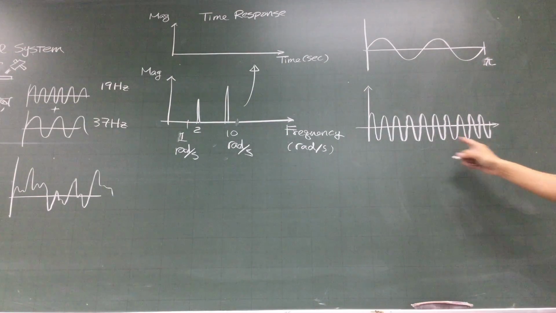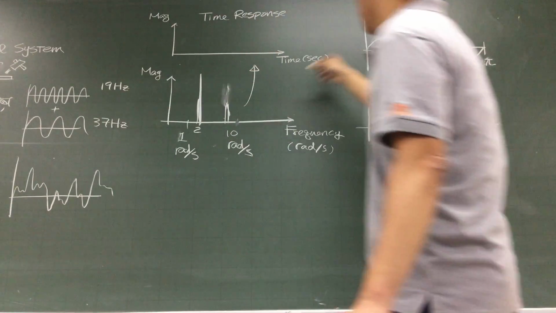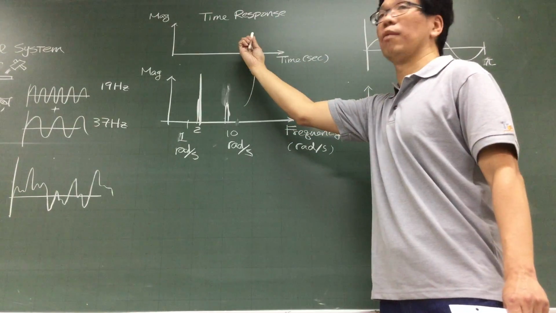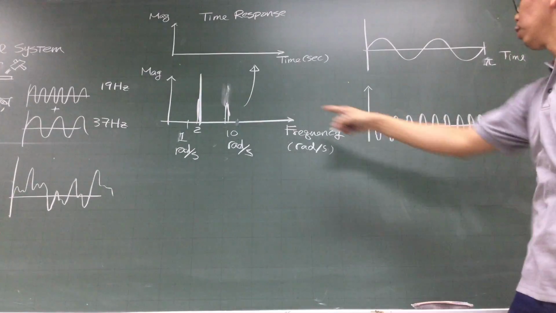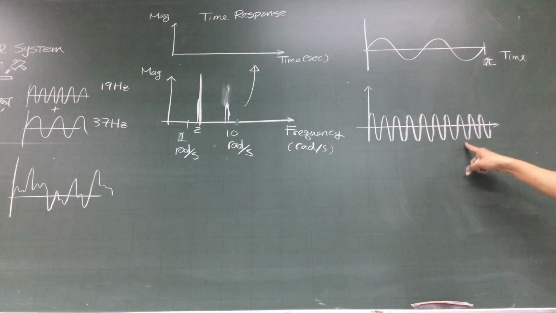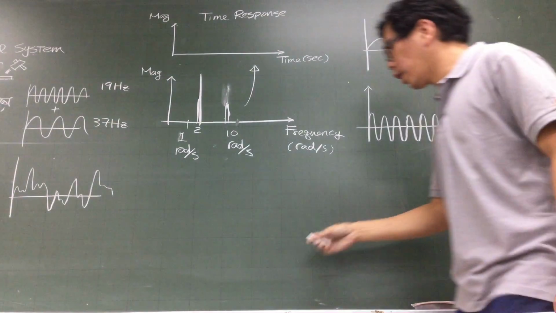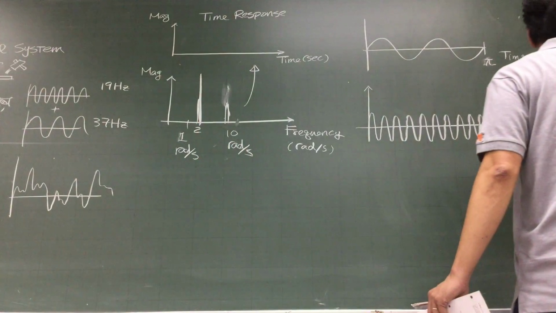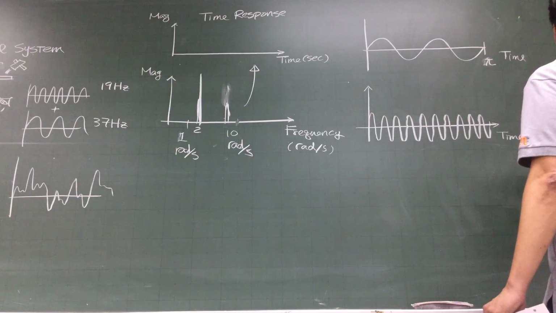If you plot this one to the time domain, it becomes something like this. If you plot the second peak to the time domain, it looks like this. So what I'm trying to say is, let's do it this way.